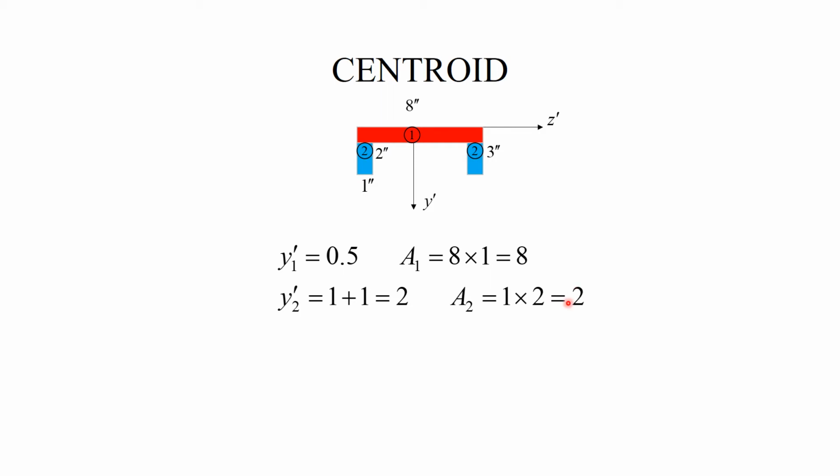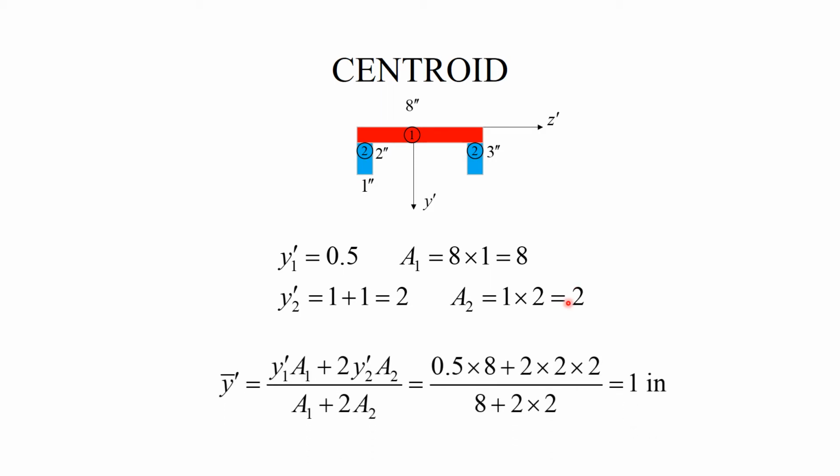Now, when I calculate the centroid of the entire section, I use 2's here to show that I have 2 webs. The end result is that the centroid is located 1 inch below the Z bar axis, which happens to be right at the intersection of the flange and the webs.